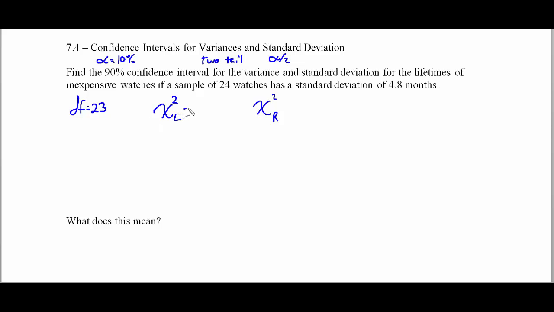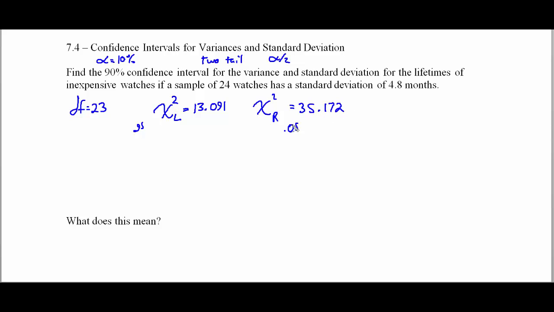At 23 degrees of freedom, looking up 0.95 or 95%, or 0.9500, depending on how your chart or table is drawn, this would be chi-squared left of 13.091. Now, for chi-squared right, you're going to look up 0.0500 or 5%, and chi-squared right is going to be 35.172.